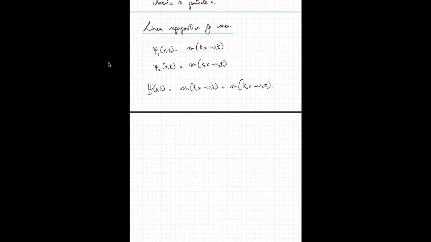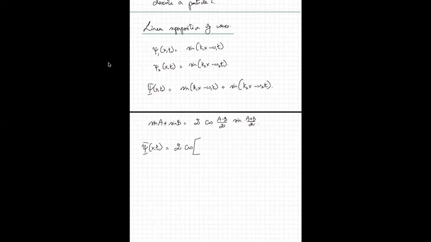And I will use the formula that sine A plus sine B can be written as 2 cosine of (A minus B) over 2 times sine of (A plus B) over 2. I hope that is right. To write psi of x comma t as 2 times cosine of (A minus B) over 2, my A is k1x minus omega 1t and my B is k2x minus omega 2t.